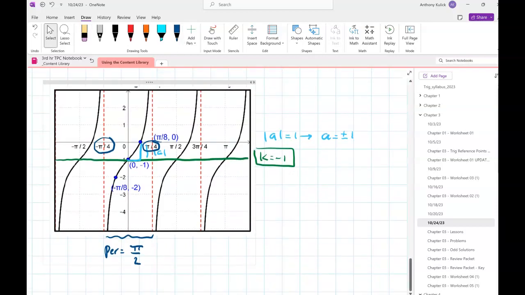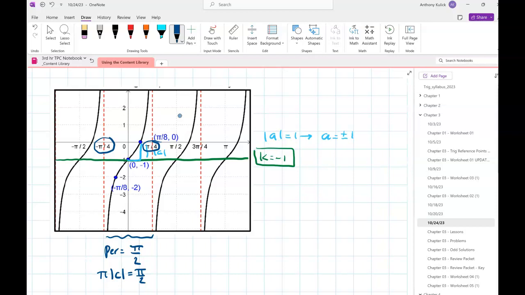And then for tangent, how do I calculate the period? What's my formula? Someone other than Reese, who is doing a wonderful job, and I appreciate her volunteering. Ava. Excellent.